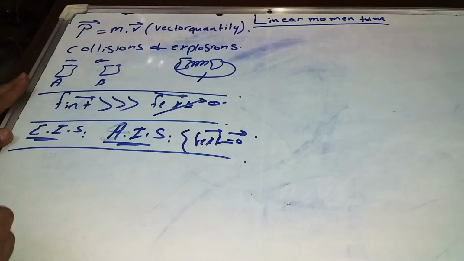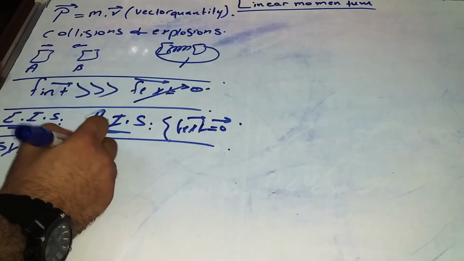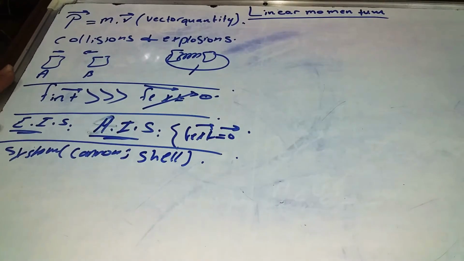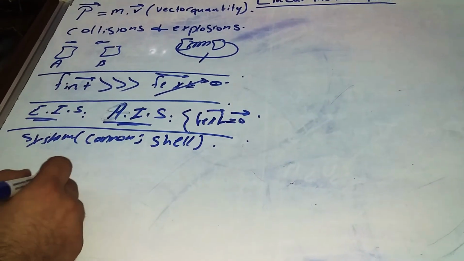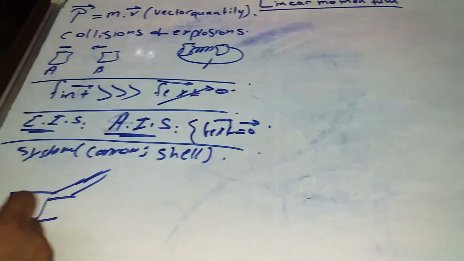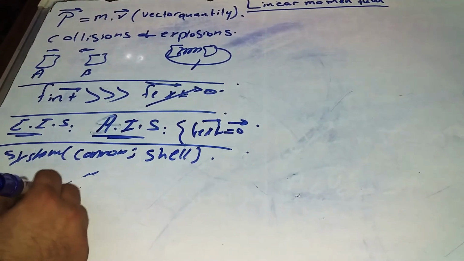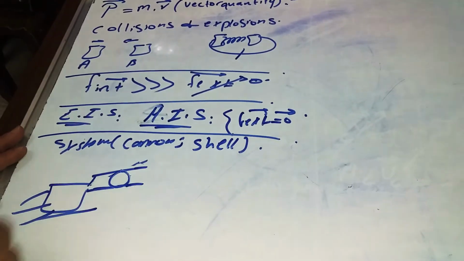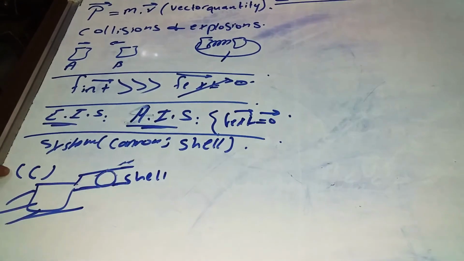Now, if we take a system composed of a cannon and its shell, this is the cannon C, and this is its shell.